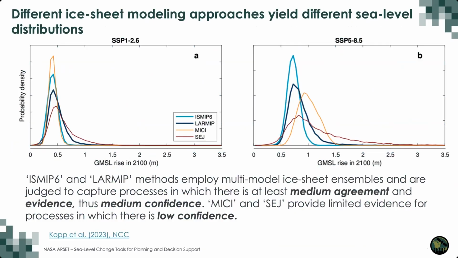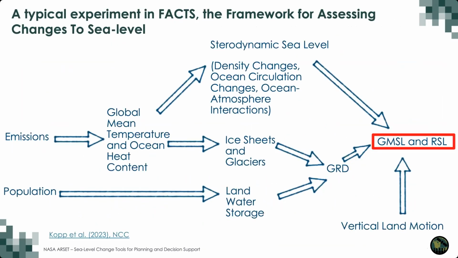But as I mentioned, those low confidence processes are also important for risk management. And so we also consider 2 additional approaches labeled with Mickey and SCJ that provide limited evidence for processes in which there's low confidence. And you notice that that doesn't make a huge difference under the low emission scenario on the left, but can lead to quite different distributions on the right.